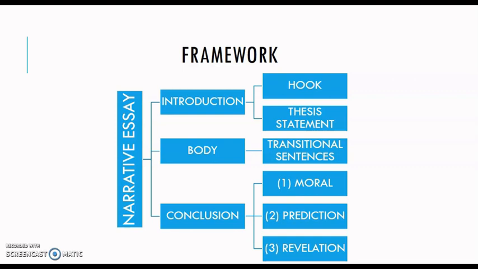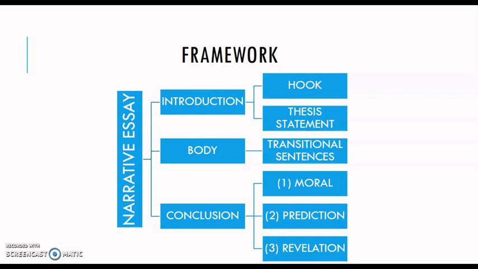In this case, as we were saying, this type of writing allows the writer to be more creative, so we can say that the thesis statement in a narrative lets the reader know the first part of the story, what the writer wants the reader to know before starting to read the body paragraphs.